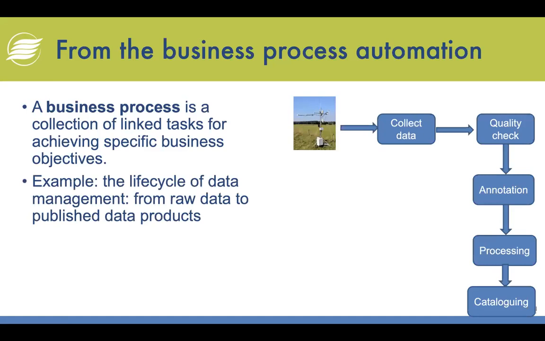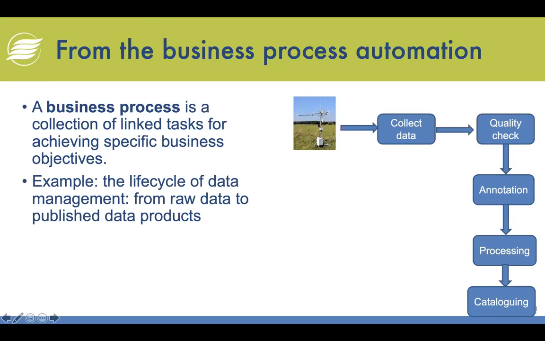For instance, even in our research infrastructure context, there is a typical business process, the data life cycle. The process starts from collecting raw data and doing the quality check, then annotating the data content, and a process generates data products. Finally, we catalog and publish them.